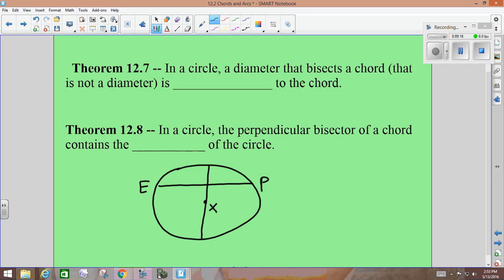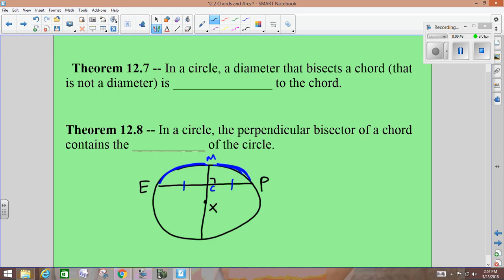If the diameter is perpendicular to the chord, then you can assume that EC is congruent to CP. It's going to bisect the chord, and it'll bisect that arc. So EM would be the same length as MP then. So if the diameter is perpendicular, then the chord's getting bisected, and its arc.